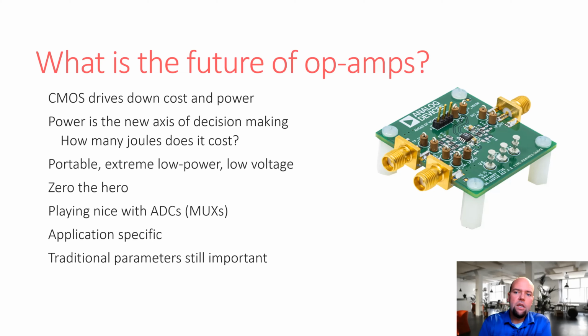But at its core, this new dimension of op-amps that wasn't really a big deal 20 years ago is how much power they consume. Especially we look at the constant power draw of these devices, not necessarily the power as things change, which isn't always as big of a deal when measuring something like a DC signal.